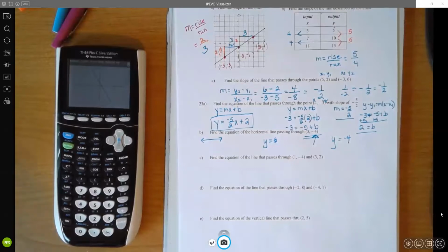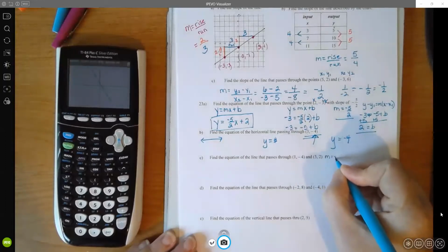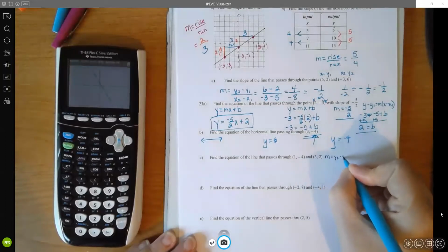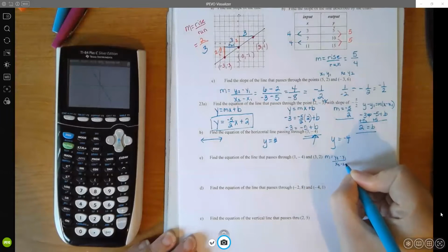Okay, let's look at letter C of 23. It says, find the equation of the line that passes through 1, negative 4, and 3, 2. So this is the one that takes the most work, C and D, because the first thing we have to do is find the slope. And remember, our slope formula is y2 minus y1 over x2 minus x1.